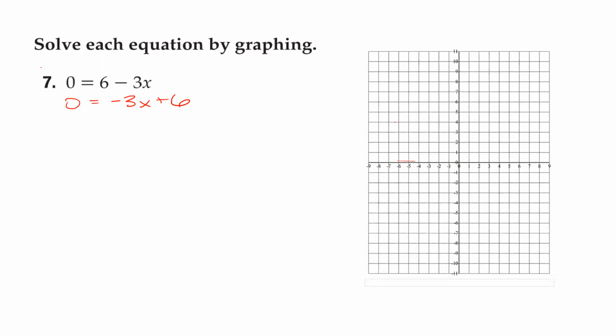So my y-intercept is at positive 6. And then my slope is negative 3, or negative 3 over 1. So that means my slope is going to go down 1, 2, 3, and to the right 1. Down 3, to the right 1. Or I could go up 3 and to the left 1.